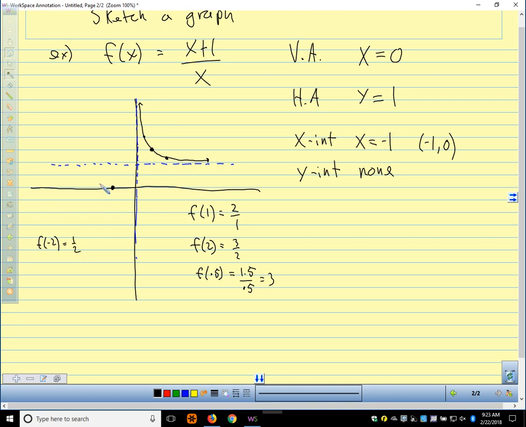So I get a point like that. I'm going to say that's enough to tell me that my function is going to do this. It can't cross the vertical asymptote, so it's just going to go down here. If you weren't sure, you could plug in a couple of other points, and you would see that the function gets closer and closer to that horizontal asymptote there.